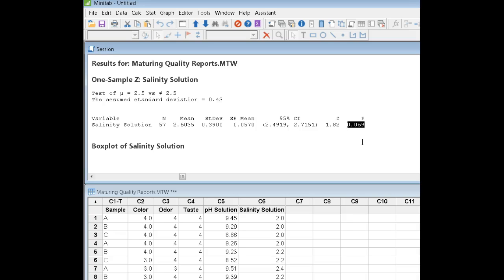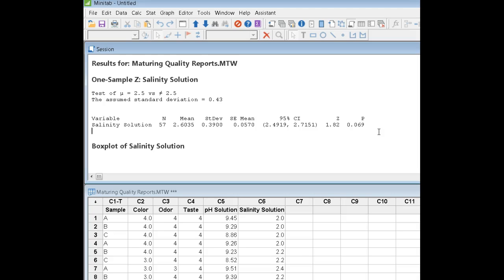No need to multiply this by 2 because Minitab's already done it. Okay, I'm looking at this 0.069. The question to myself is, is this p-value smaller than my alpha value of 0.05? Clearly, 0.069 is a bigger number than 0.05.